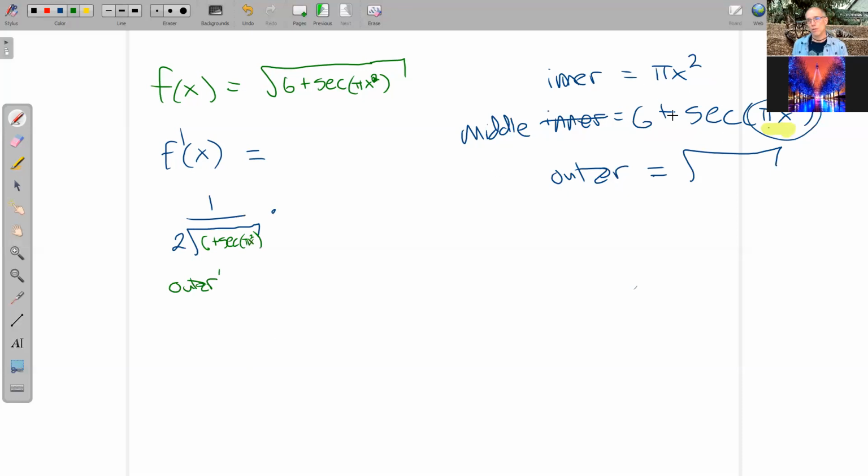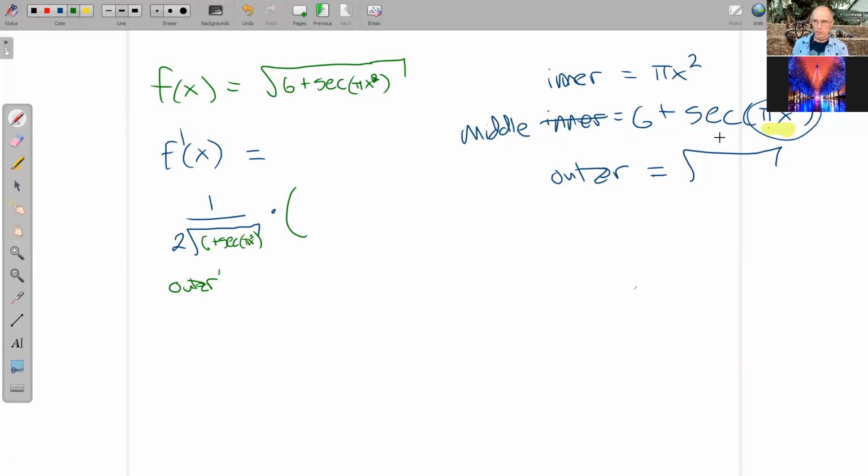Next, we're going to take the derivative of the middle function. So we multiply, sometimes parentheses are necessary. The derivative of 6 is 0, so I'm not even going to write it. Then I take the derivative of the secant. Anybody remember the derivative of the secant? Anybody still with me? Derivative of the secant is what?